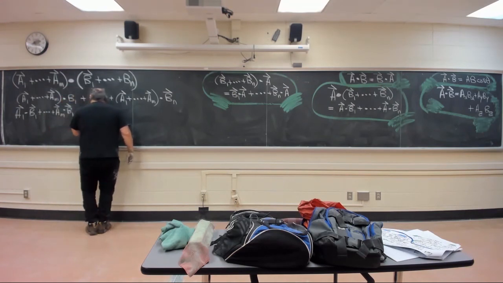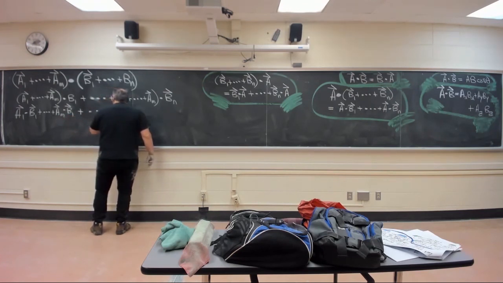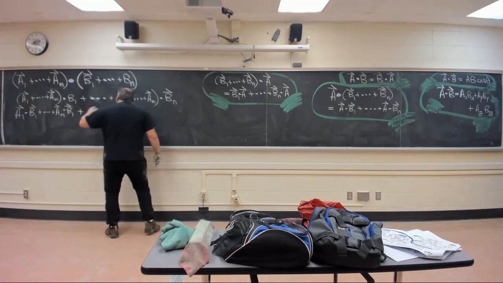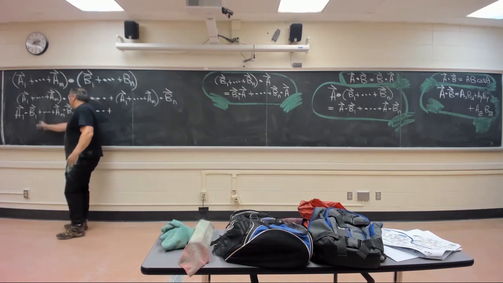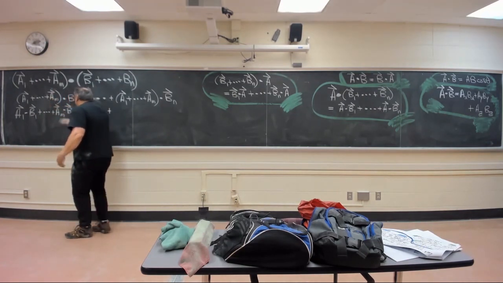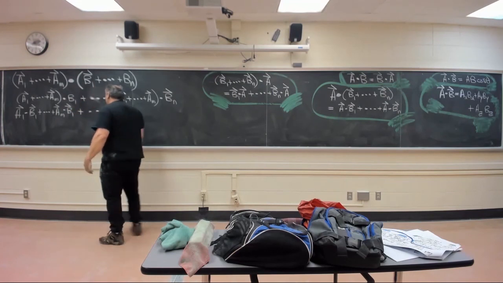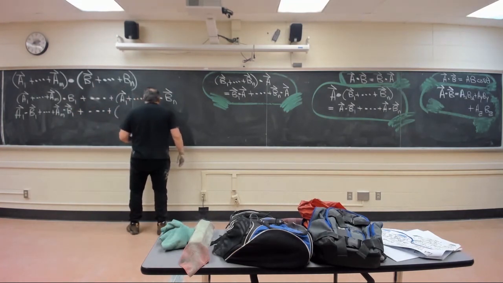You realize you got m dot products, and you're going to do it n times. What's m times n? It's m times n. There's m dot products, and that's going to occur n times. M times n is going to be m times n dot products.